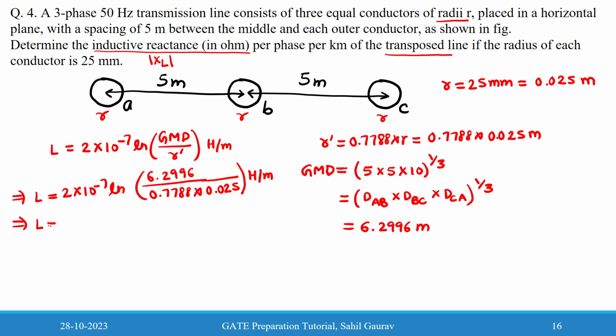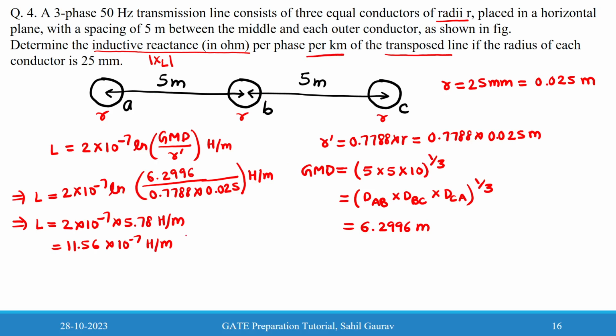If you are facing any problem, then you can ask here. So you will get 2 into 10 to the power minus 7 into 5.78, which is 11.56 into 10 to the power minus 7 Henry per meter. And in this question, it is asked per phase per kilometer.